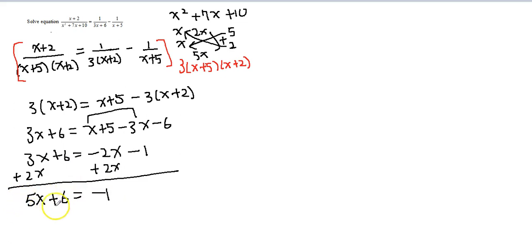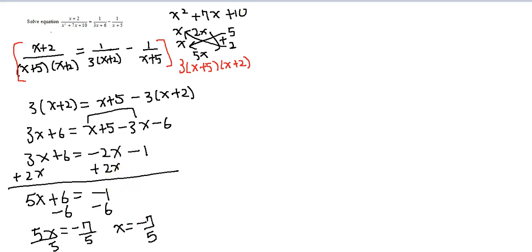Let's isolate the 5x by subtracting 6 on both sides. So you got 5x equals negative 7, and divide both sides by 5. x is equal to minus 7 over 5.